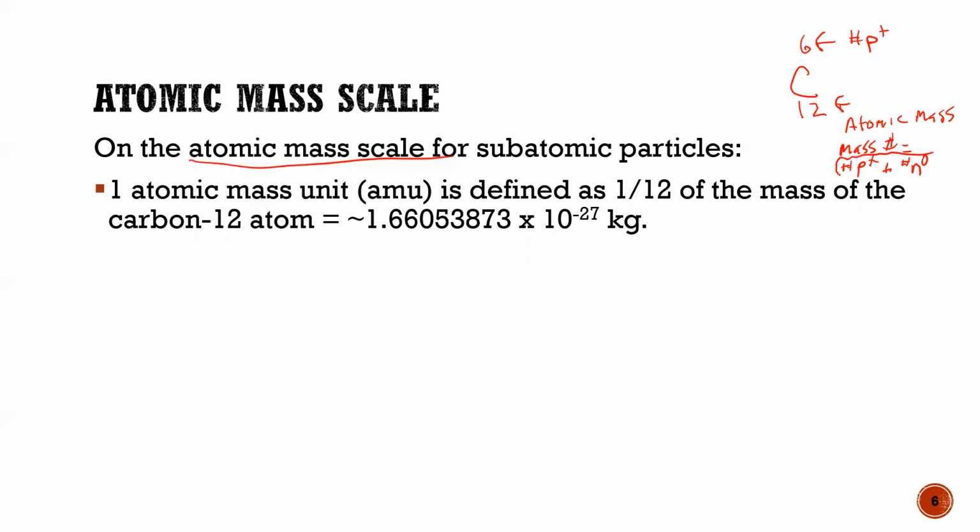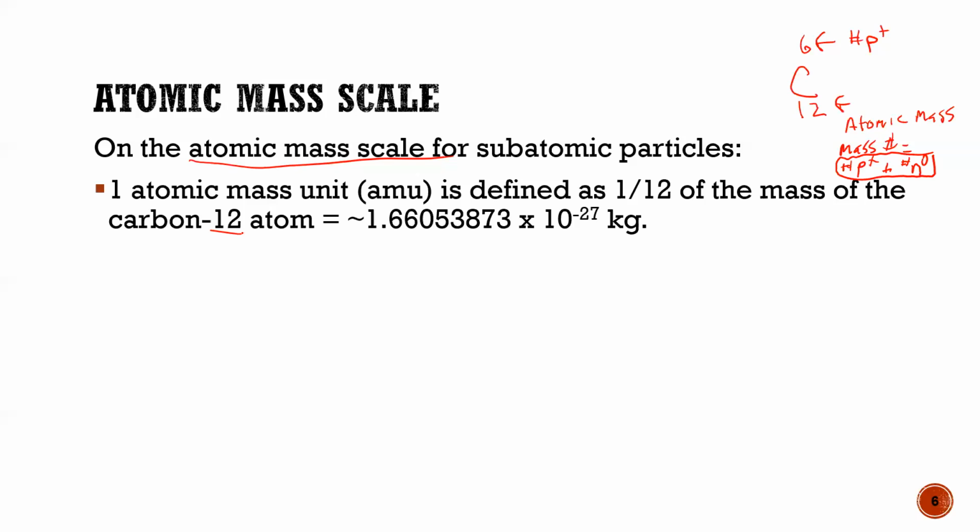And we saw that in the nucleus. So in carbon's nucleus, there were 6 protons, 6 neutrons. You divide the mass of carbon-12 by 12, and you get roughly 1.66053873 times 10 to the negative 27 kilograms, or roughly 1.66 times 10 to the negative 24 grams.